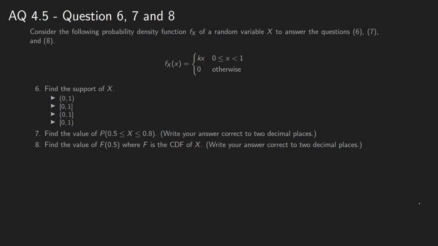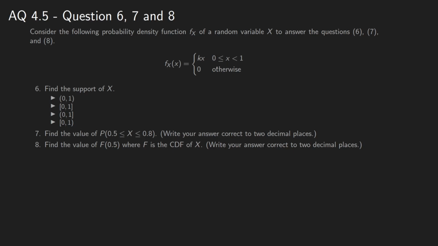We have to find the support of x. As you know, the support of a continuous random variable consists of all the points where the PDF function has some non-zero value. When you put x equals 0 in this PDF function, it becomes 0.